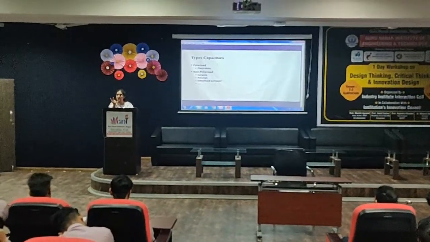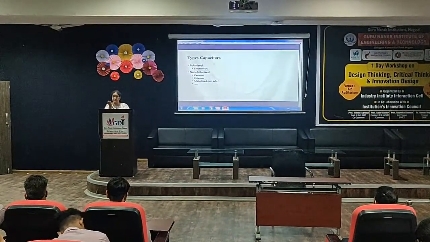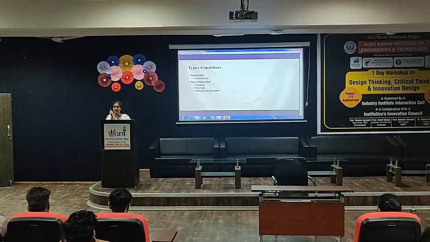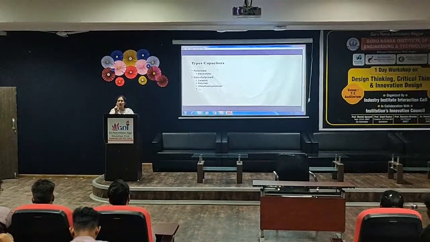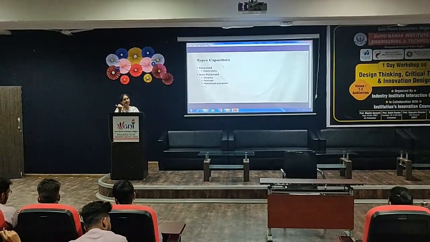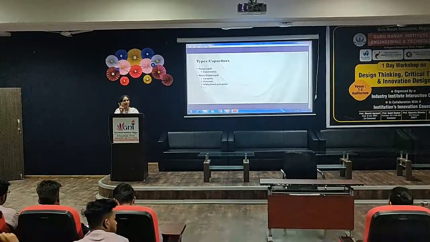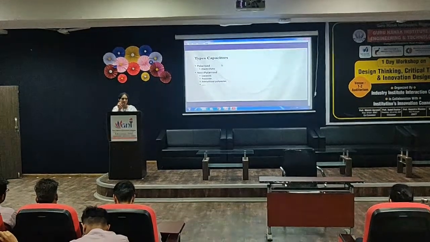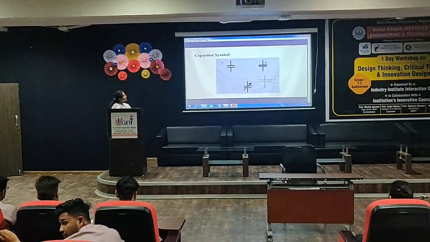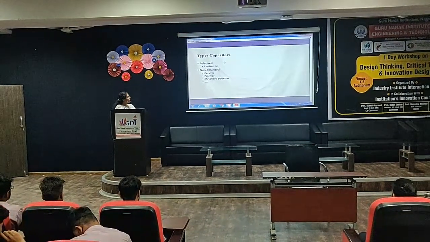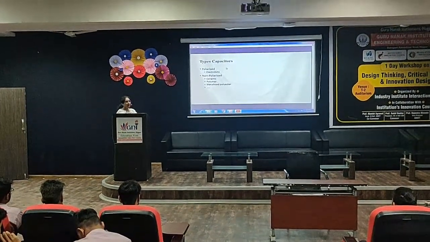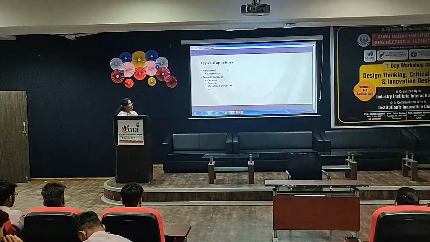Capacitors have two legs, and one leg is slightly longer than the other. The longer one always represents positive, the shorter one always represents negative. These are the two ways to identify the polarity. Polarized capacitors are categorized as electrolytic, and non-polarized can be ceramic or polyester, metallized polyester, etc.